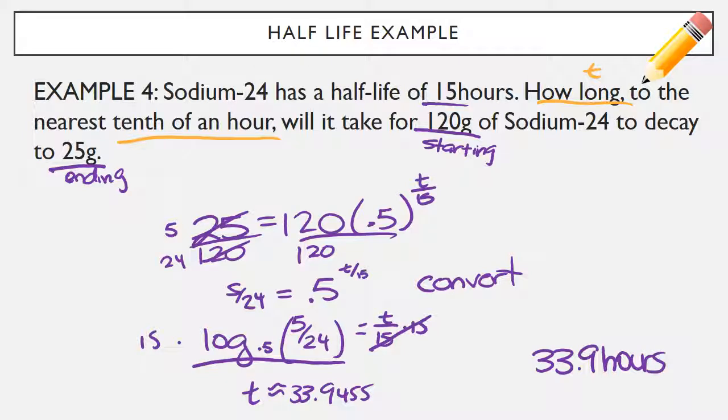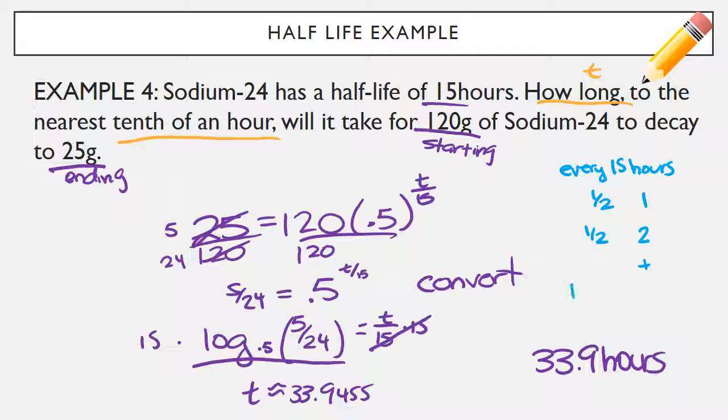Okay, let's see if this makes sense. So it decreases by half every 15 hours. Okay, well, if I have 33 hours, that means it's halved once, halved twice, and then a little bit.